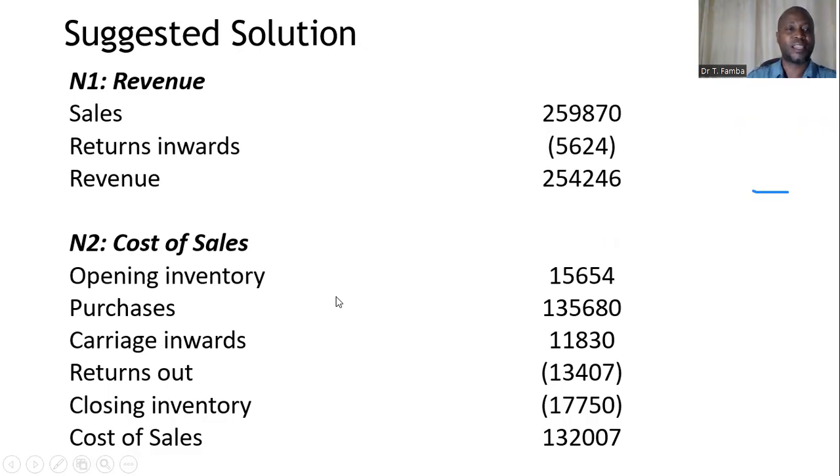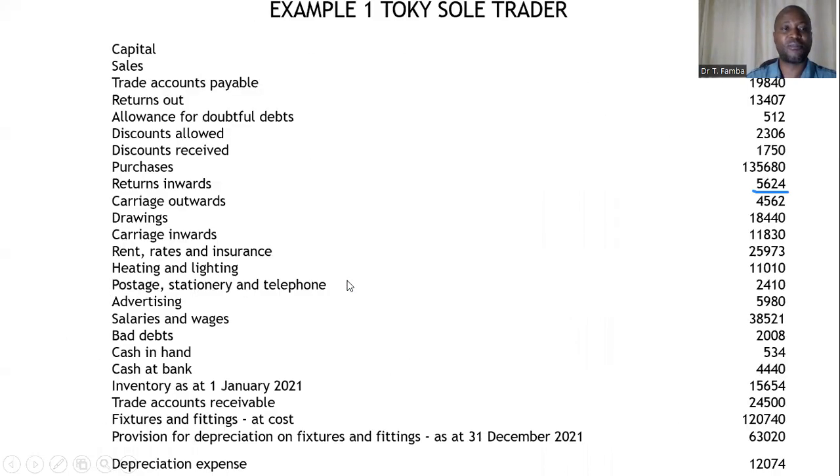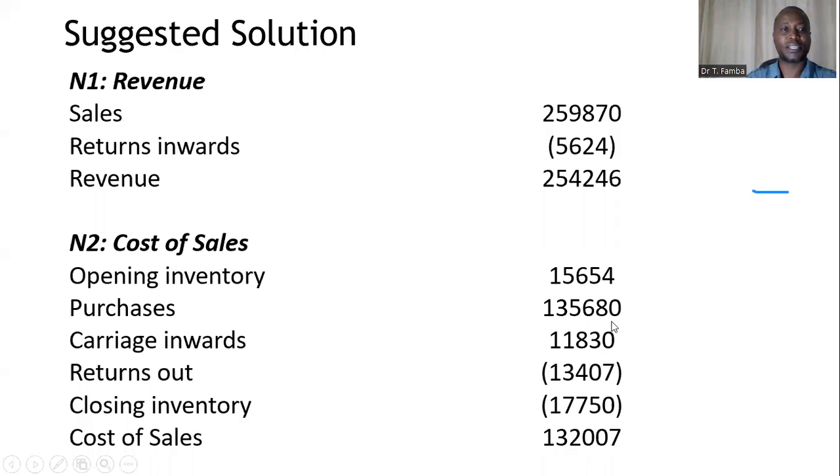Then to compute the cost of sales now, you are going to check the opening inventory. And in this case, the opening inventory is given in this extract here, and the amount is 15,654. So this is the amount we have here, 15,654.